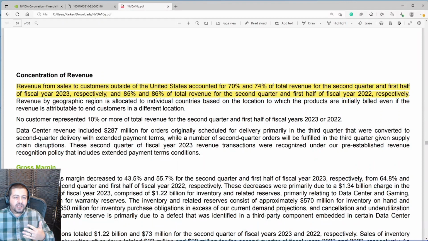And so it's a good sign for investors that it's de-risking from that. Last year it was 85 and 86% of its revenue from international sales. This year it was only 70 and 74%. So it's de-risked a bit from that. I'd like to see more of the revenue come from the US and North America.